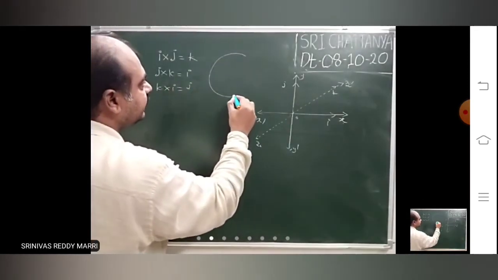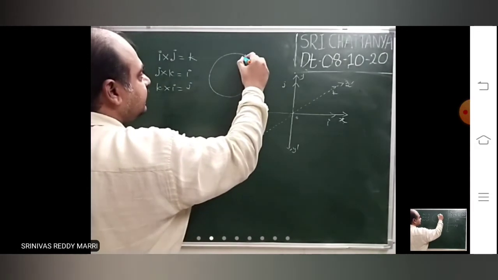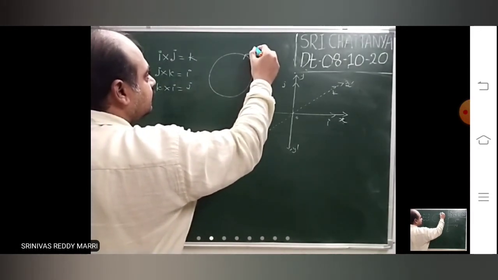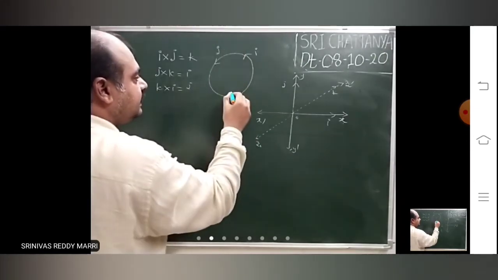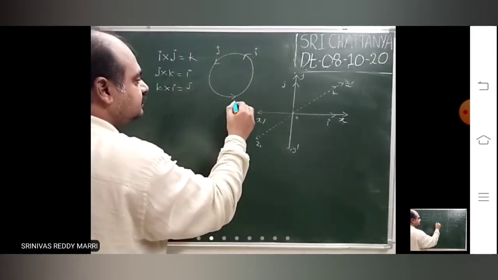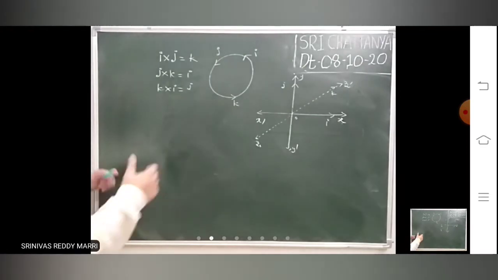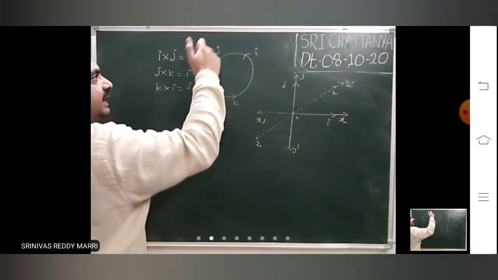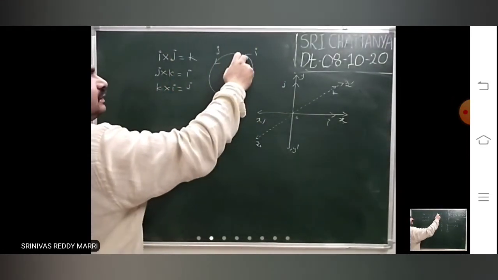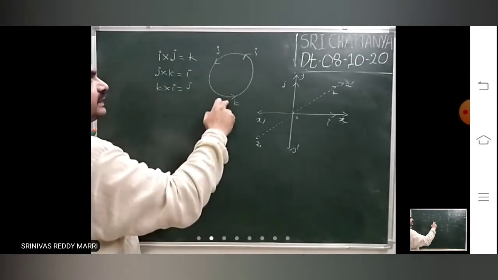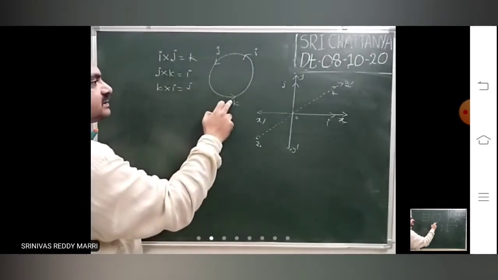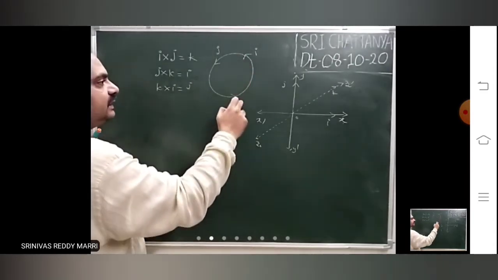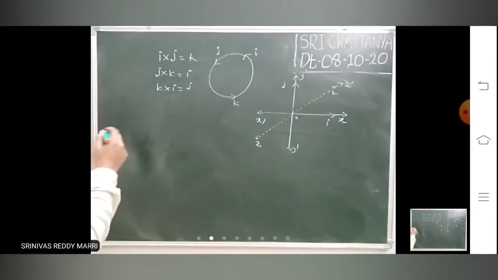Actually, i, j, k are in cyclic order in the anti-clockwise direction. So if we multiply two in the anti-clockwise direction, you will get the other: i cross j, j cross k, and k cross i each give the other.